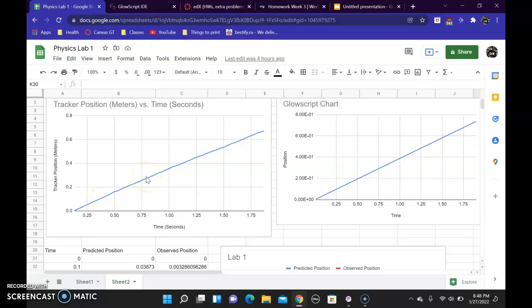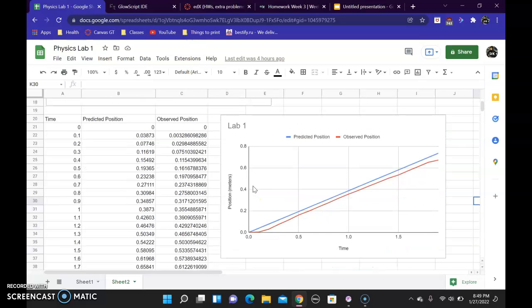This is because in our Glowscript chart, we set Fnet to 0, but in reality, Fnet isn't 0 because there are other forces acting upon it. So in conclusion, the observed position isn't truly constant, but the predicted position is.